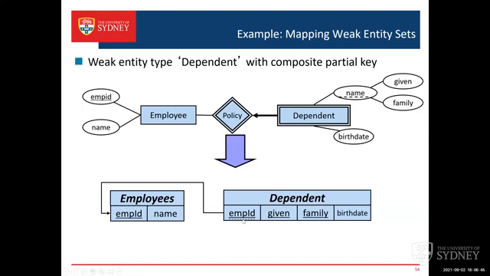So we combine those: employee ID, and given and family, because name was a composite attribute, so we have to take given and family. Using these three, we create only one primary key for this dependent table. That's it, nothing extra we need to learn here. This one simply shows that the foreign key is coming from the employee table. Should be understandable by now.